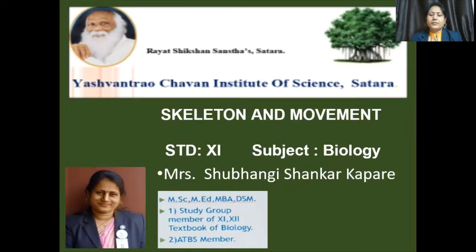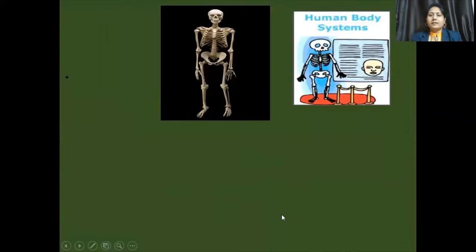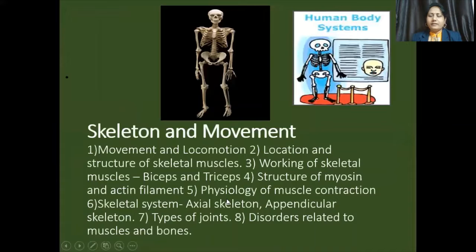Here we study the topic of 11th standard, and the name of that topic is skeleton and movement. In that topic, we see some points. The first point is movement and locomotion.